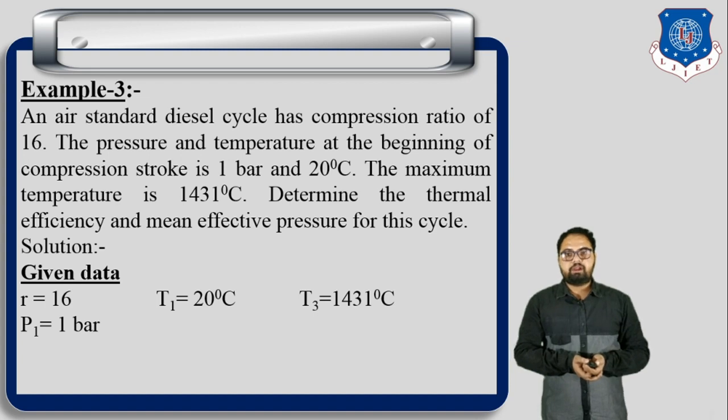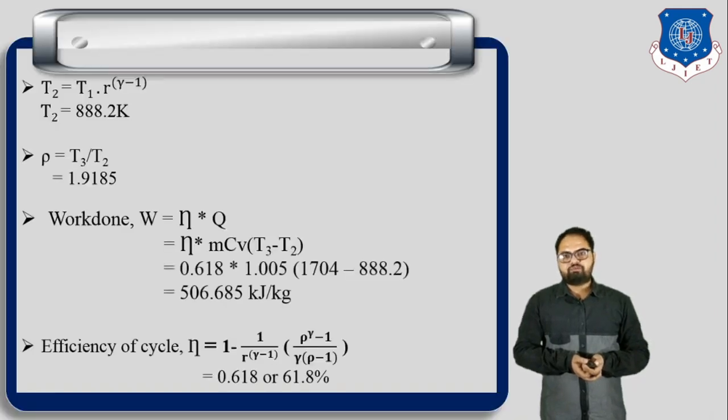So the thermal efficiency, that is eta diesel, the equation of the thermal efficiency of diesel cycle is 1 minus 1 upon R raised to gamma minus 1 in bracket rho raised to gamma minus 1 in bracket gamma divided by gamma in bracket rho minus 1. First of all we need to find out the value of T2 and rho. After that we will solve this numerical.